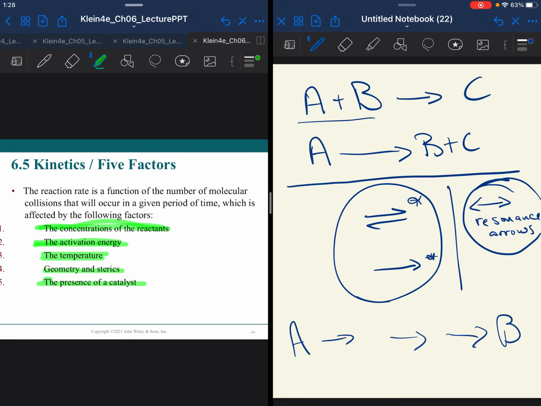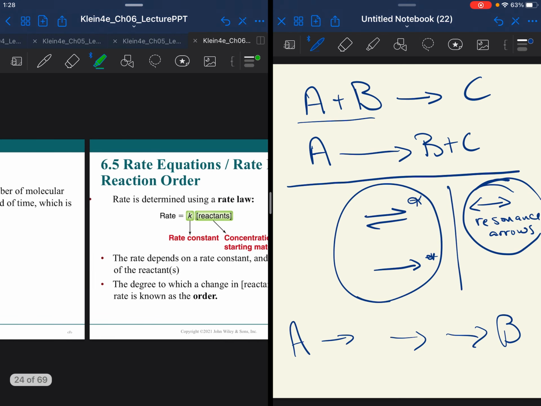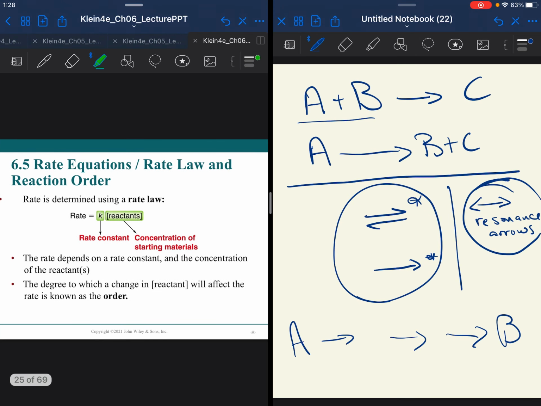Studying the concentrations of those reactants can help you determine things like first order, second order, third order reactions. Whether or not a reactant affects the rate gives us information about how it is important to the mechanism, right? Whether or not it's important to reagents, bonds breaking and forming.